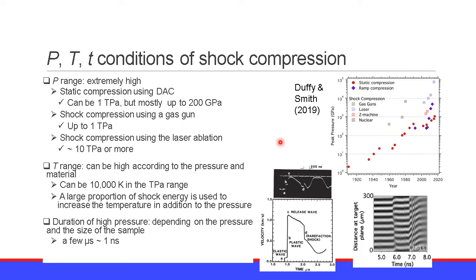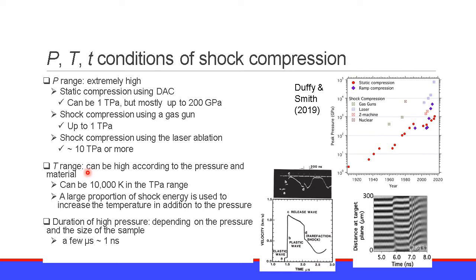In contrast, the recently developed laser ablation shock compression experiment can reach much higher pressure, and 10 terapascal is a reasonable target, and as shown in this diagram, it exceeds 10 terapascal recently.